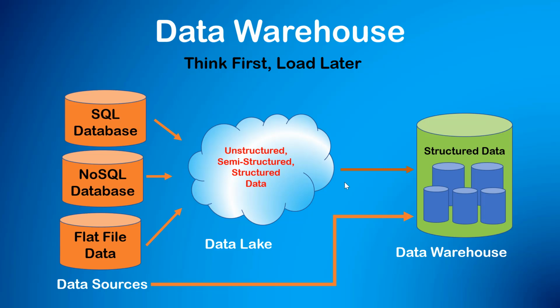When we define our purpose, we filter and create a schema based on what data we are trying to look at and what data will solve our purpose. Only that data is extracted from the data lake and put into the data warehouse. So basically a data warehouse is nothing but a relational database. We create a schema and store the data which will be required for solving a problem.